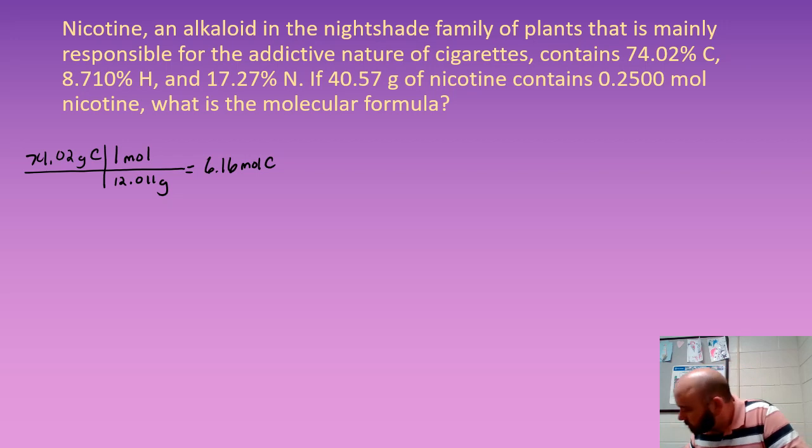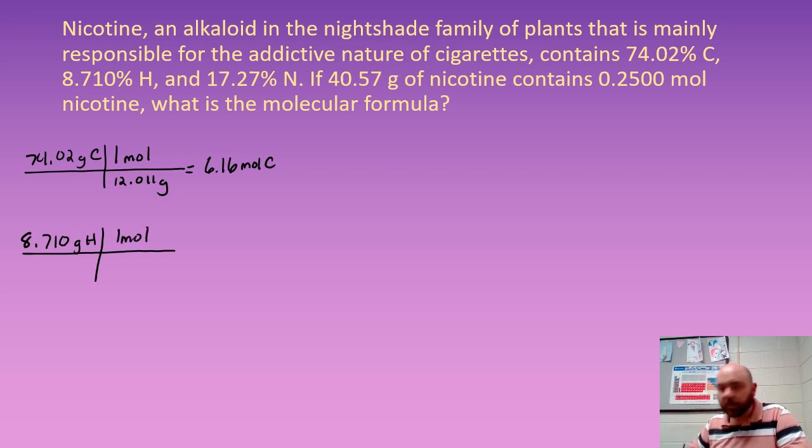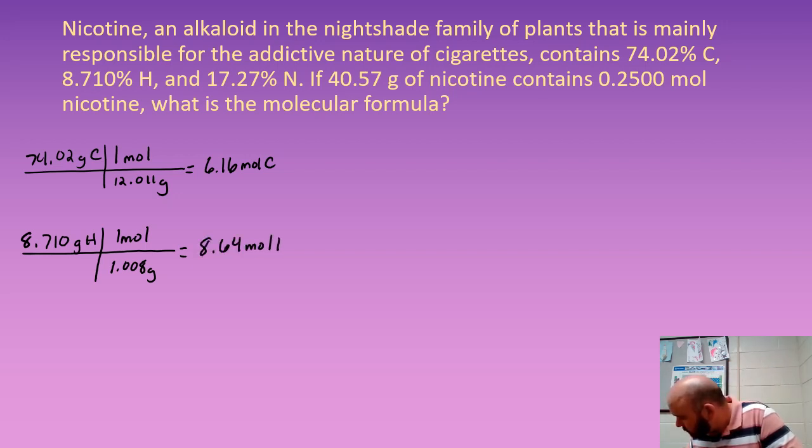For hydrogen, we would assume 8.71 grams in a 100-gram sample. And we know that 1 mole of hydrogen has a mass of about 1.008 grams. So dividing that through, we see that we would have about 8.64 moles of hydrogen in this sample.